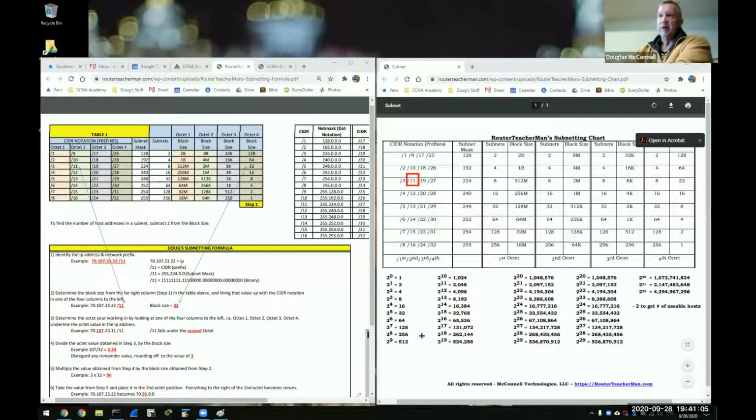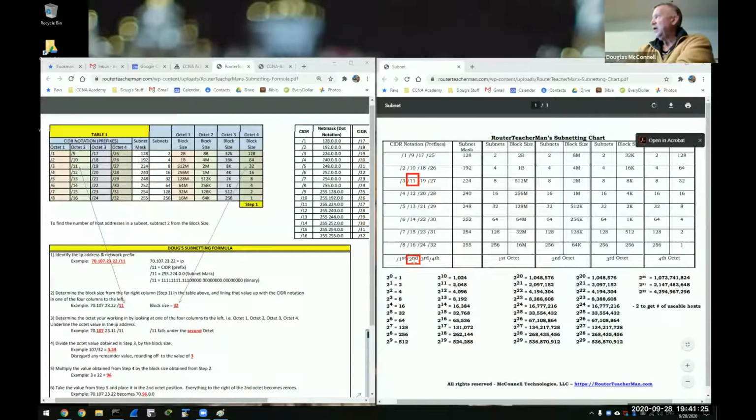Which octet is that? The second. See how I found my number? I found this prefix. That's the first thing my eye looks for. And then I went down and I saw that it's in the second octet.